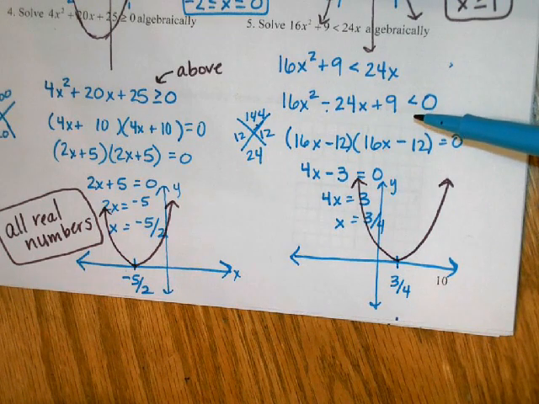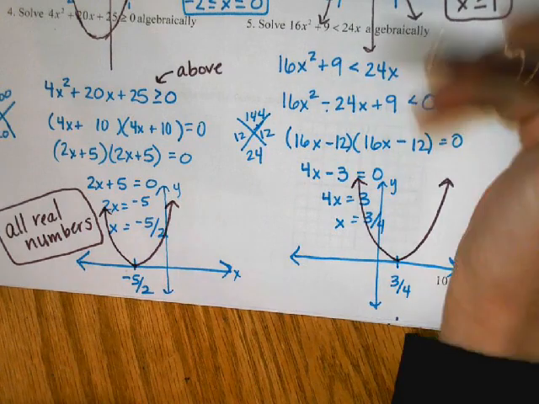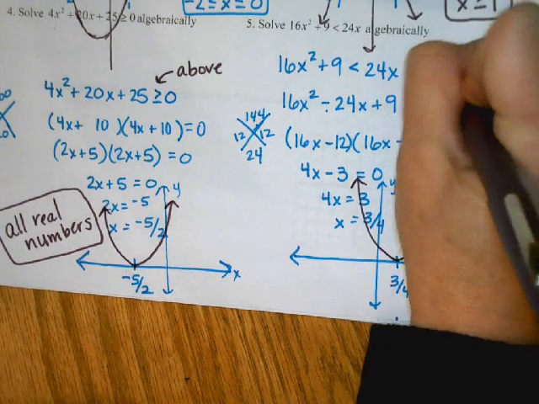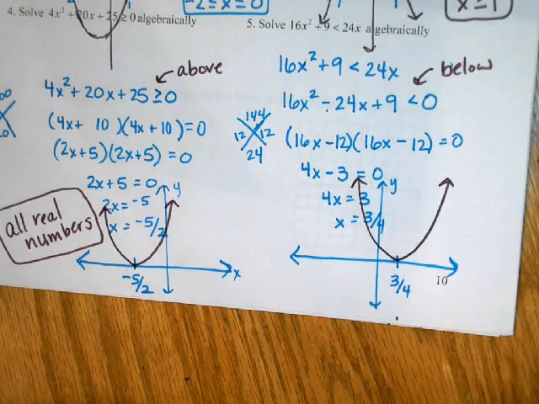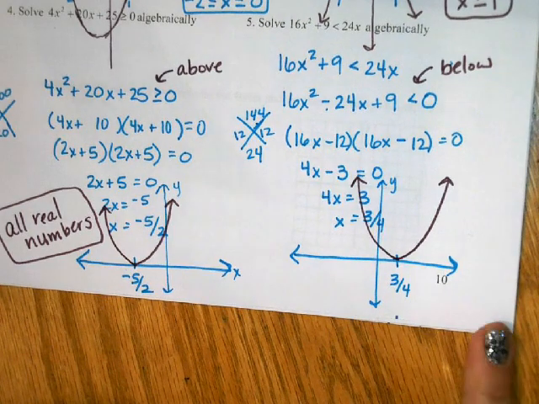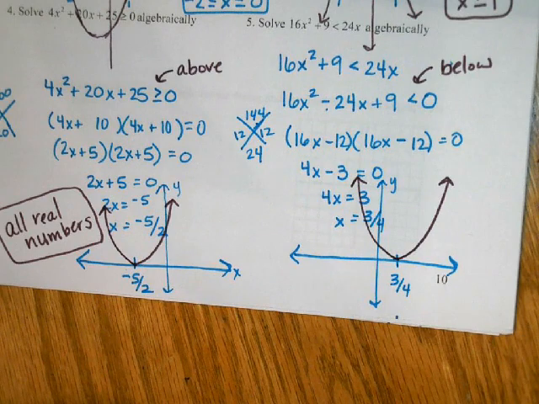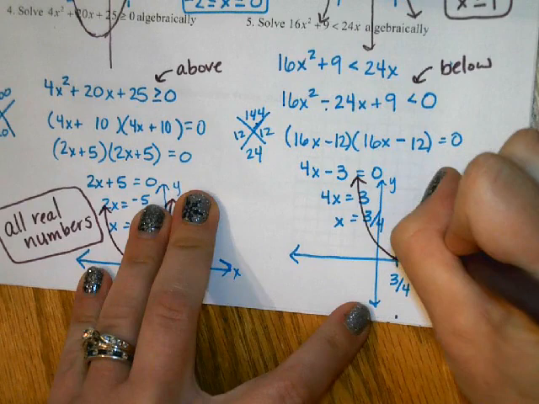So when is my graph, he's a less than, when is my graph below the x-axis? He has to be completely below. He can't touch it. He needs to be below it. It's never below. So this guy is no solution.